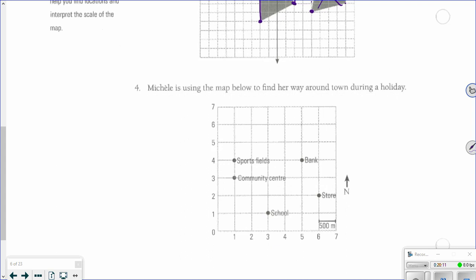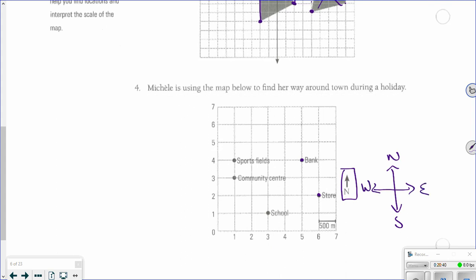The next page says Michelle's at the store and needs to walk to the bank. How many grid units and in which direction does she need to travel? So she's going from the store to the bank, and it wants the directions, which is north, south, east, west. It's given us right here that up is north. If you aren't familiar with your directions, north and south are opposite to each other.